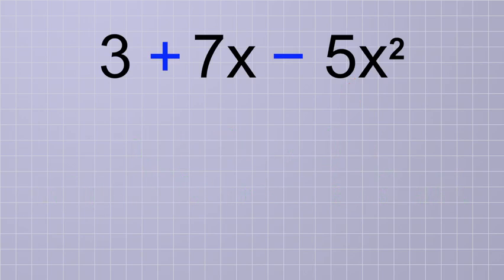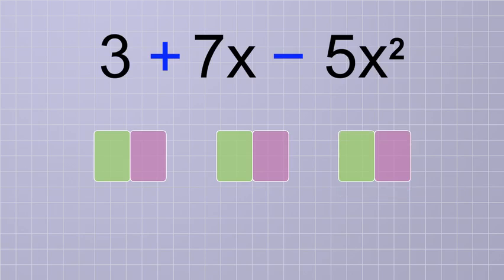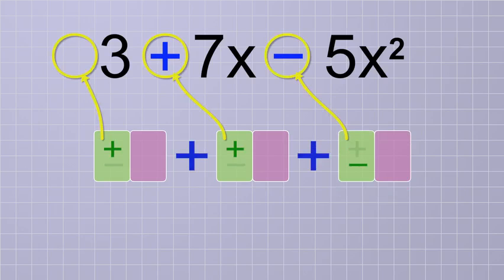In fact, instead of thinking of a polynomial as having terms that are added or subtracted, it's best to think of all of the terms as being added, but that each term has either a positive or a negative coefficient, which is determined by the operator right in front of that term.